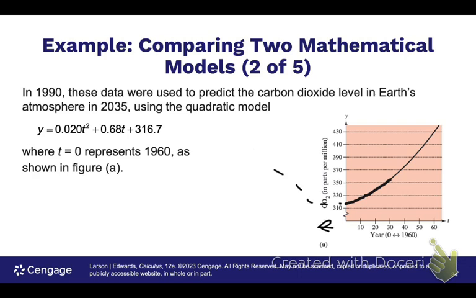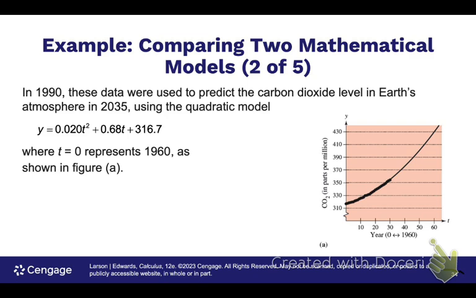If I mirrored it, it would be more like a quadratic. So you start with a quadratic, and then my y-intercept is 316.7 because I would have the actual data, right?